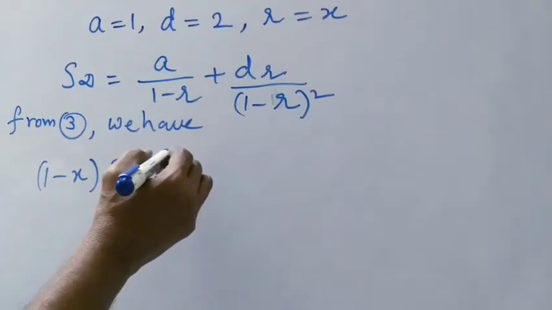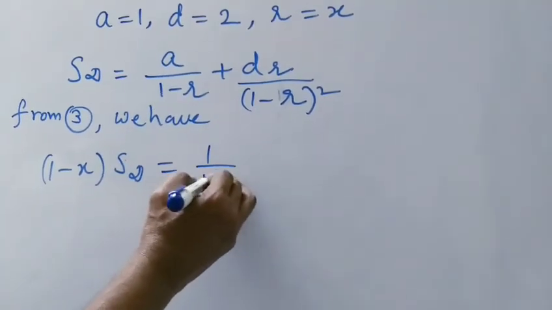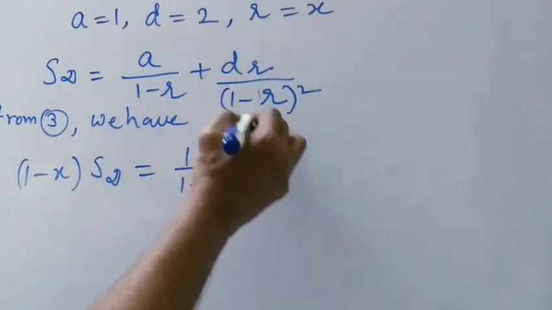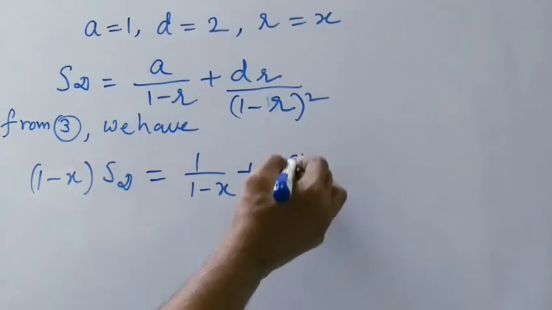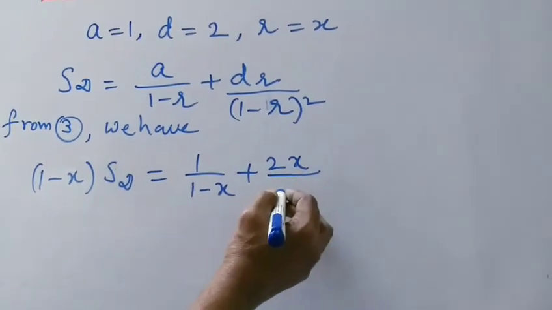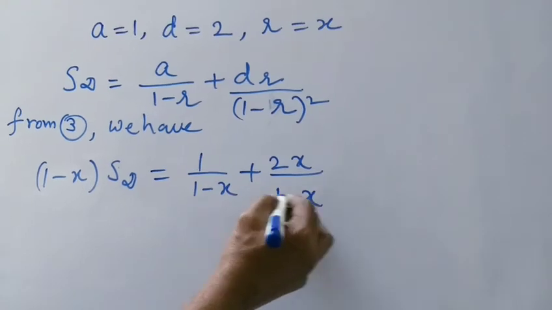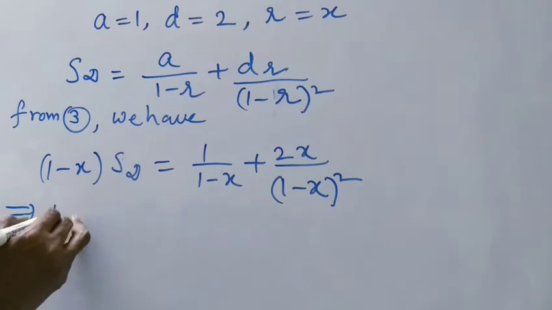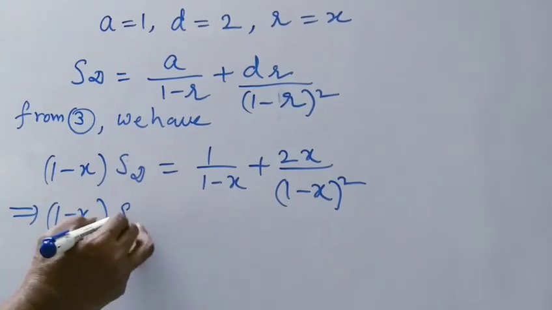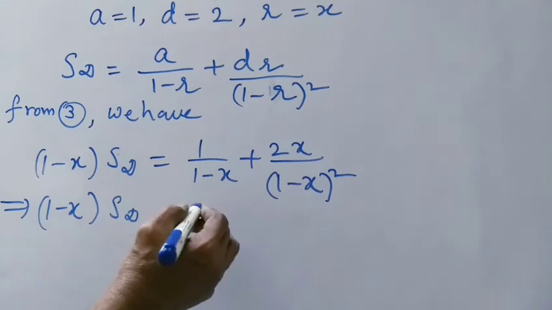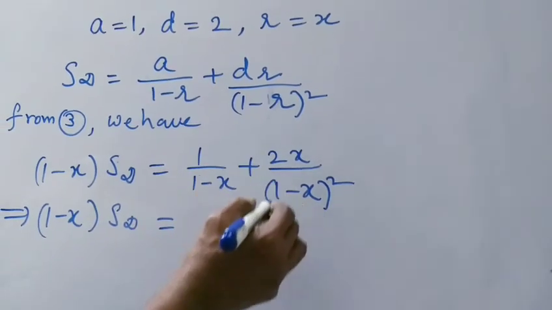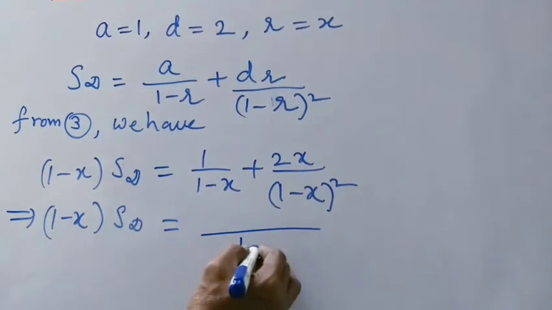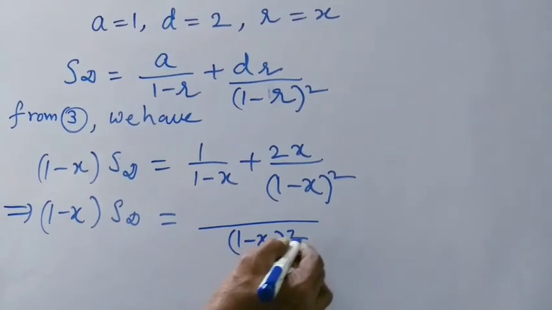So 1 minus x into the sum to infinity is equal to 1 by 1 minus x plus 2 into x by (1 minus x) whole square. The LCM of these two fractions is (1 minus x) whole square.